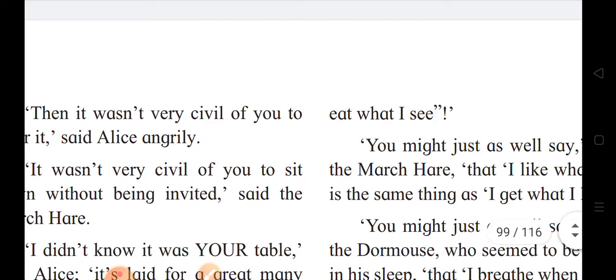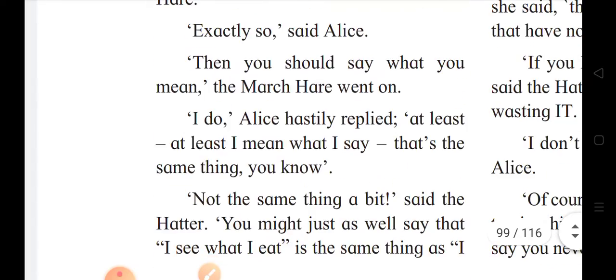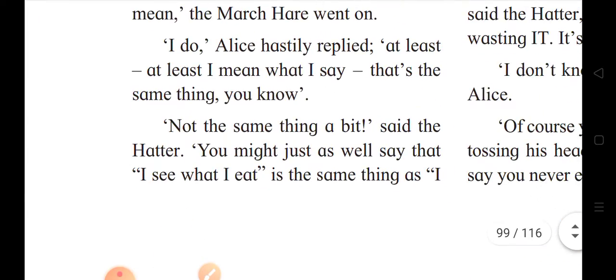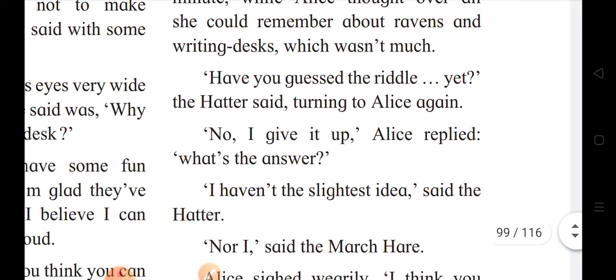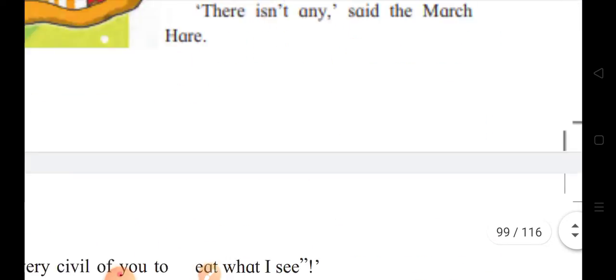So he's making all these foolish statements, saying that whatever you say is like this: "I see what I eat" is the same as "I eat what I see." Very funny, no, students?